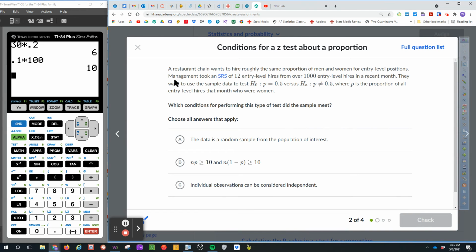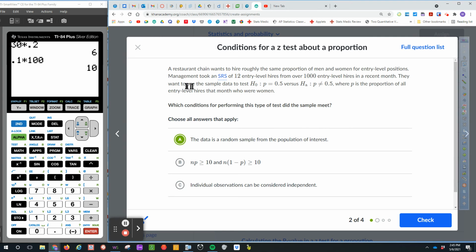If you look through this again, a restaurant chain wants to hire roughly the same proportion of men and women for entry level positions. Management took an SRS of 12 entry level hires from over 1,000 entry level hires in a recent month. So we know it's random.